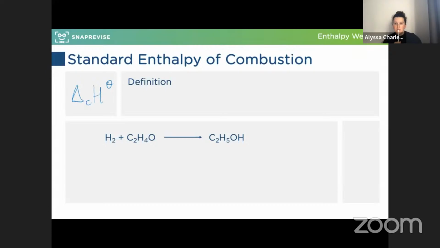What's the definition? We are slightly running out of time, so I'm going to speed through it. Do we know the definition of a standard enthalpy change of combustion? It's similar to formation, but not the same.